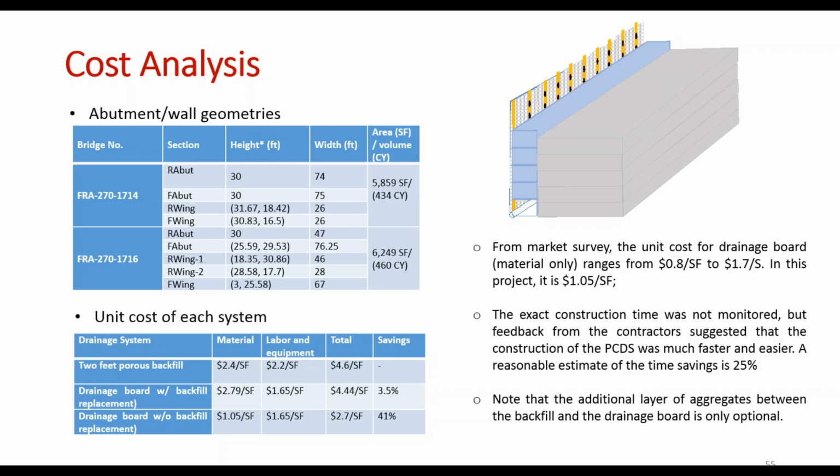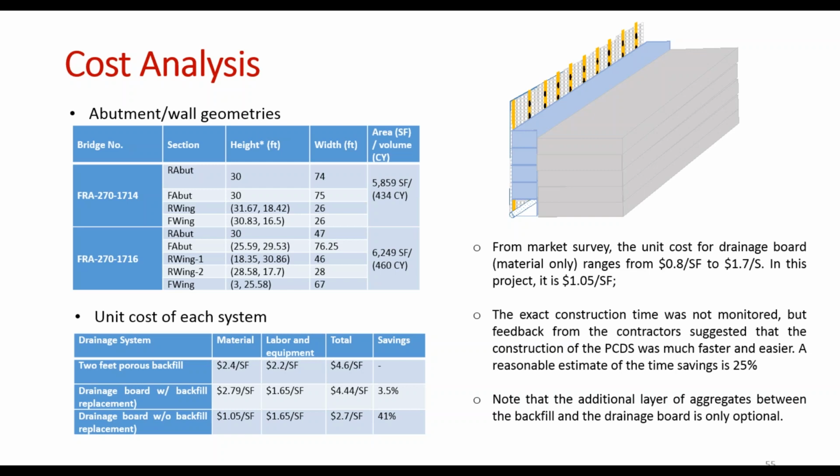So with about $60 per cubic yard, so it will give you about $2.40 per square foot of this traditional system. And the labor and the equipment cost almost the same to the material. So it's $2.20 per square foot. So in total you have $4.60 per square foot for the traditional system.